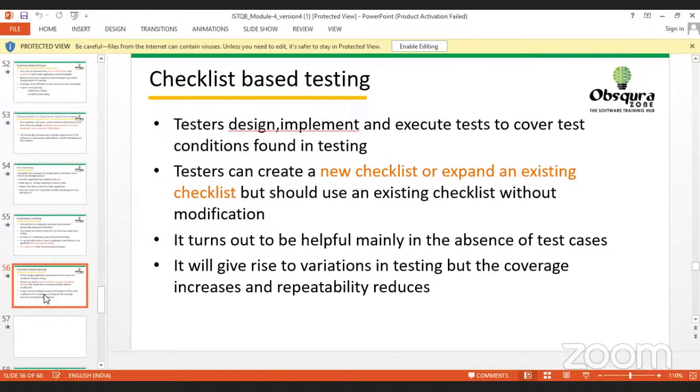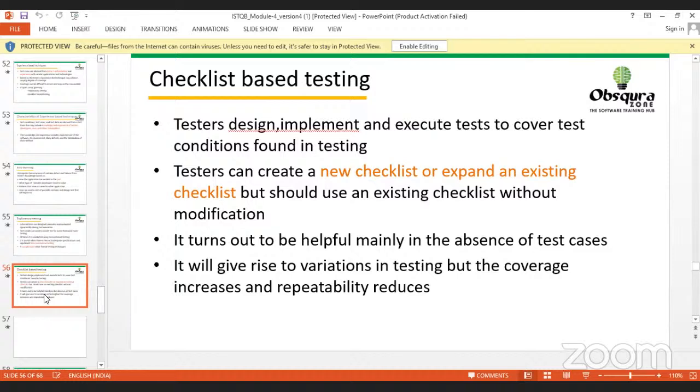Everything we won't be mentioning. Verify whether a booking can be created successfully. So we'll be writing down the checklist only. Either you can create a new checklist or you can expand on an existing one. There might be some existing checklist available, so you can expand on that also.